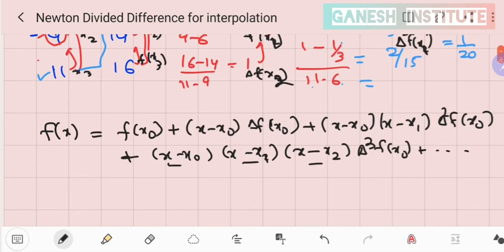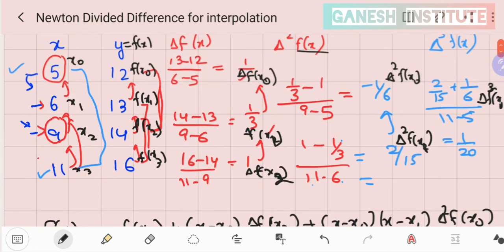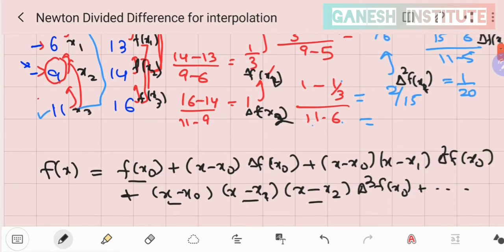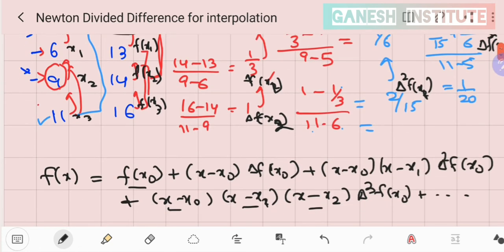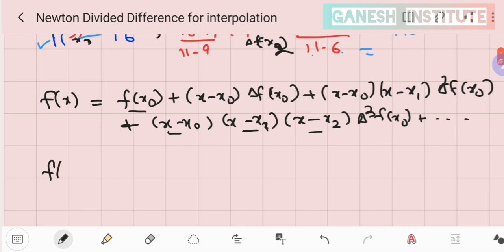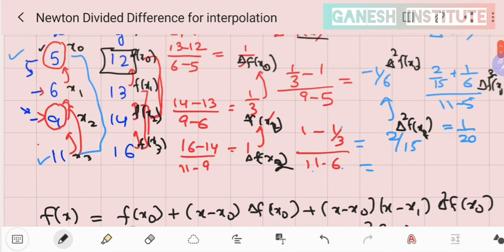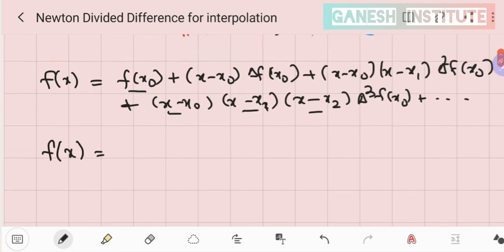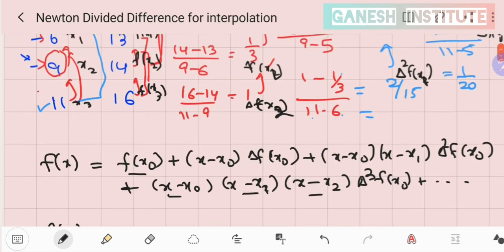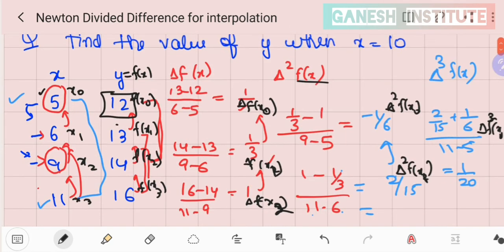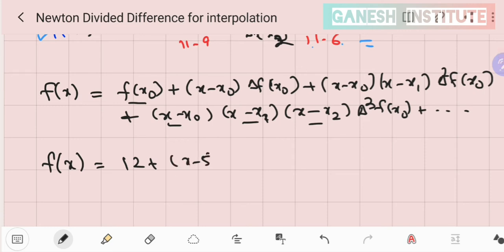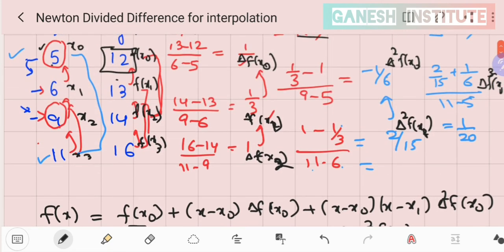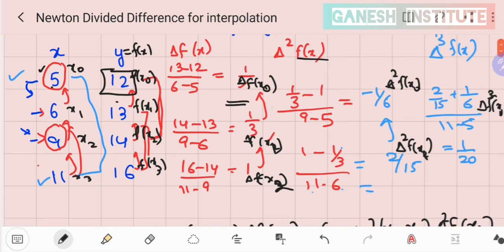So what all are involved? Starting with fx0, which is this value, right? Then x minus x0, which is this value. So let's begin. You want to find out the value of fx, which is fx0. What is fx0? 12. Then x minus x0, that means x minus 5, then del fx0, which is this value, right? 1.